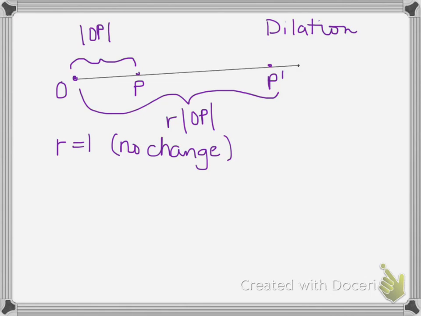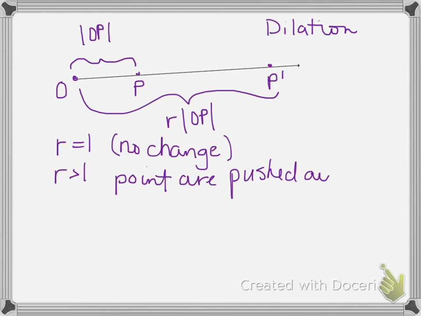So we're going to look at two other cases. What if R is greater than 1? That would be like the scale factor we just talked about that was 2. If R is greater than 1, then points are pushed away from the center. And that's this situation here.